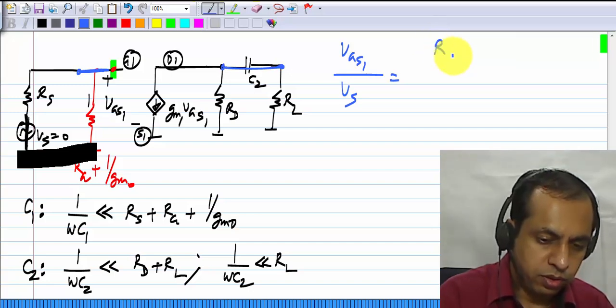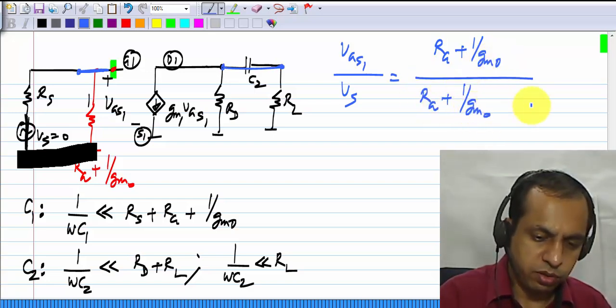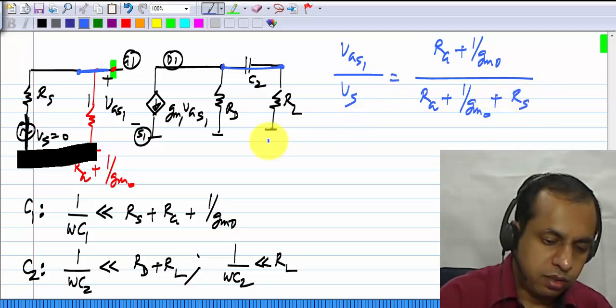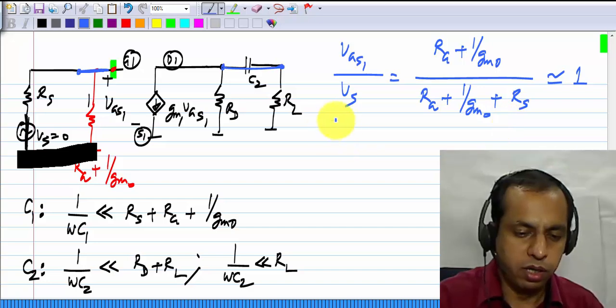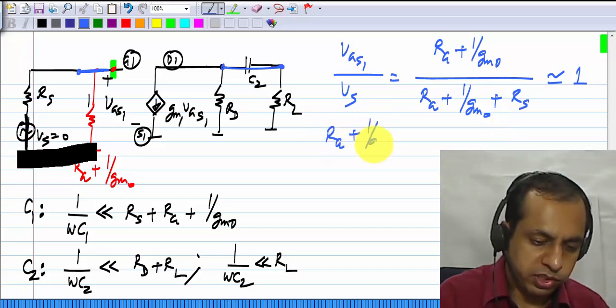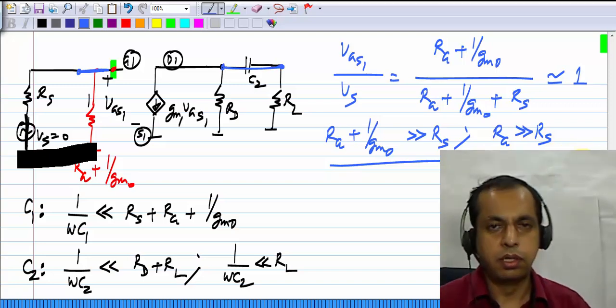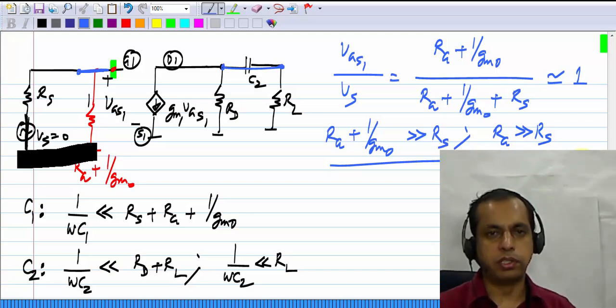So this ratio is Rg plus 1 by Gm0 divided by Rg plus 1 by Gm0 plus Rs, and we want this to be approximately 1. So if this has to be approximately 1, then we need Rg plus 1 by Gm0 much more than Rs, or in other words, Rg must be basically much more than Rs, because 1 over Gm0 is likely to be much smaller than any of these resistances.